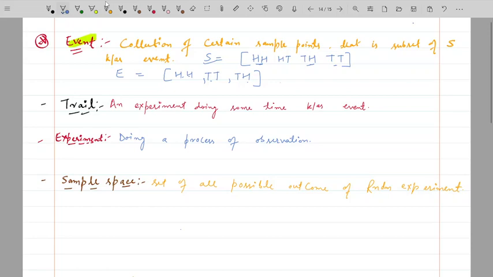So let's move to the next. What is a trial? A trial means performing an experiment some number of times. How many times you are performing an experiment?